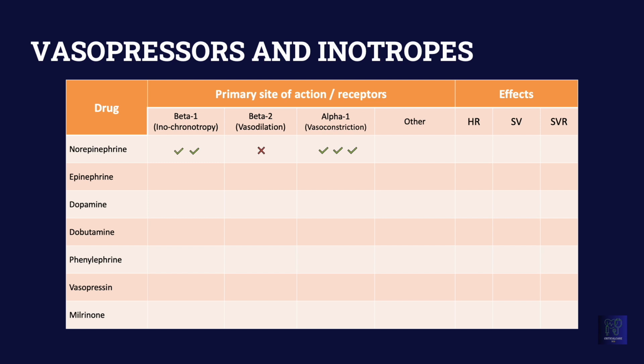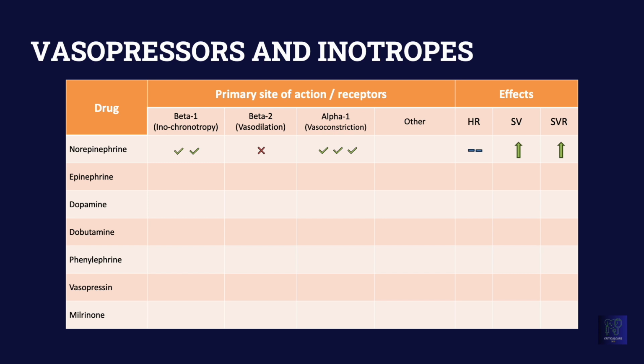Now, keep in mind that any agent that causes vasoconstriction can lead to reflex bradycardia, and any agent that leads to vasodilation can lead to reflex tachycardia due to reflex sympathetic responses. So, the net effect of using norepinephrine is an increase in stroke volume due to inotropy and an increase in systemic vascular resistance due to vasoconstriction.